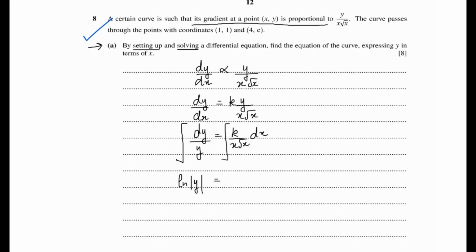And on the right hand side, you have some x terms, but they are in the denominator. So typically, and k is a constant, you can take k outside the integration sign and bring the x terms up. So x root x is x to the power of 3 by 2. If we bring it to the numerator, it becomes x to the power of negative 3 by 2 dx. So the integration now looks simple enough.